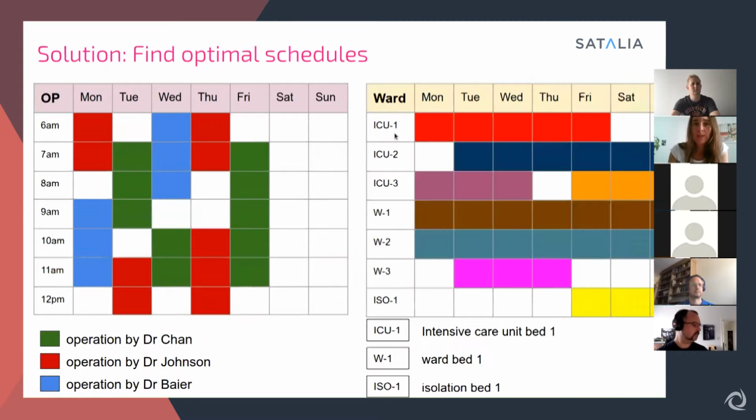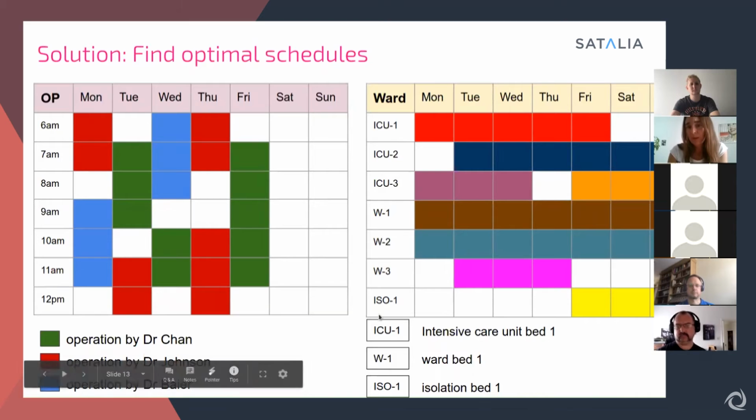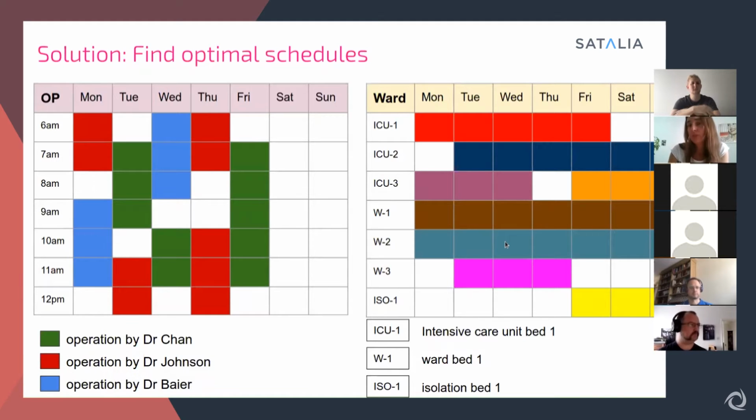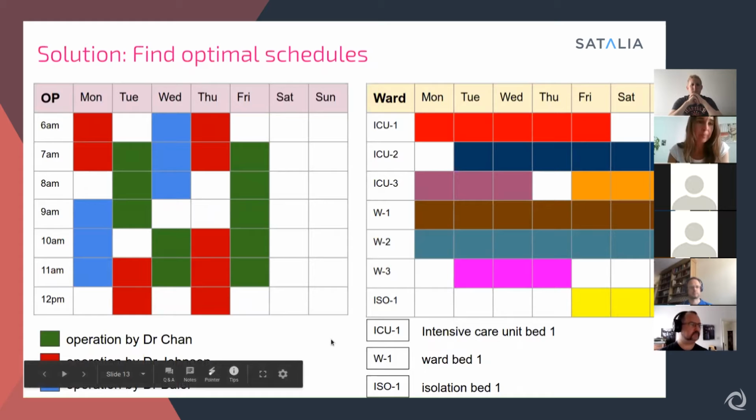What we also need is a schedule for the ward. So here we see the schedule for each of the beds that are available. We have 3 ICU beds, we have 3 ward beds, and we have 1 isolation bed. And each of those blocks represents a patient that is planned to take the space in this bed.